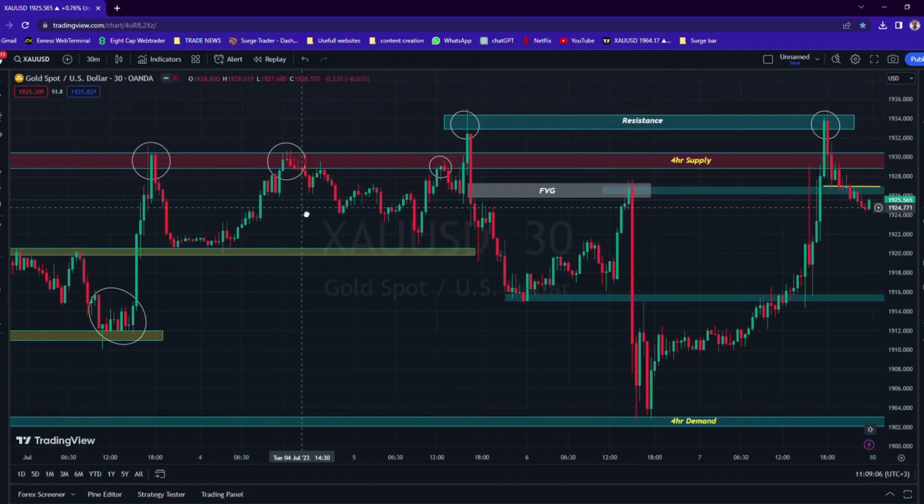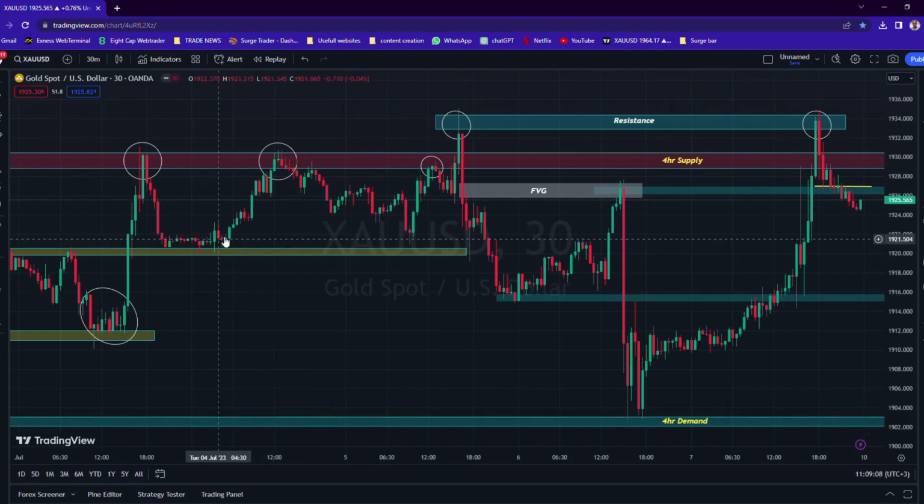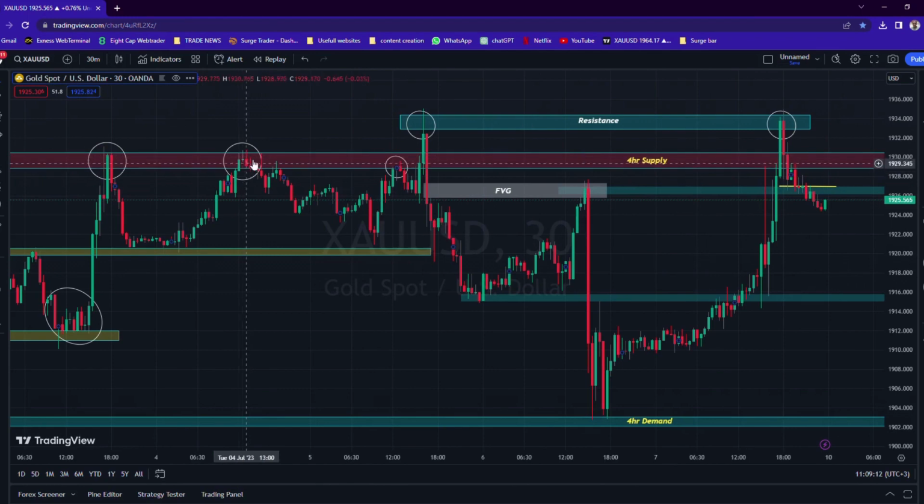And then on Tuesday we saw a move back to the supply zone right here. You saw a good rejection on the supply zone, so this indicated an opportunity back to the downside, and then it came back into the zone and rejected, showing a clear indication of a downward move that's about to come.